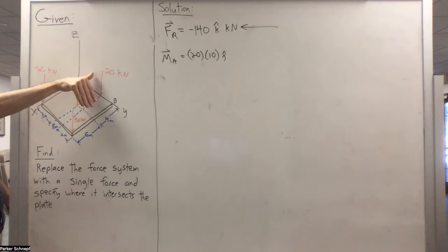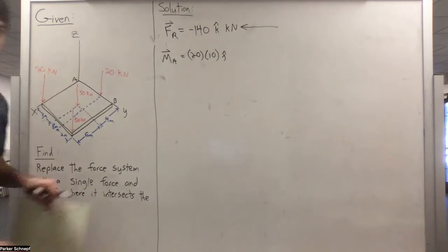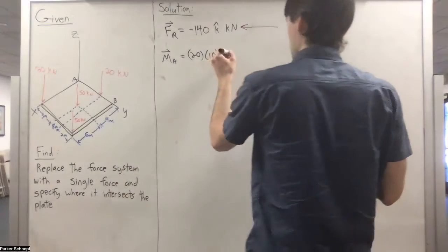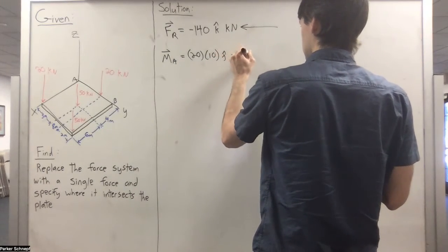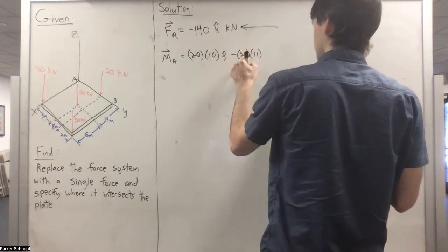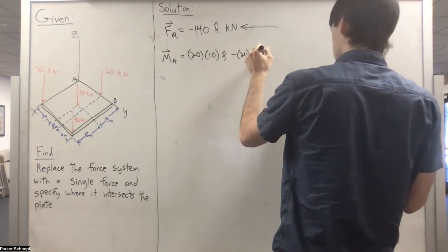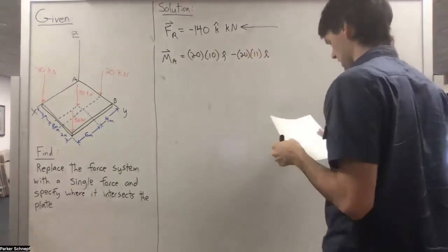My thumb really points in the negative x direction. It's going to cause a twist like that. It's negative x. So I'm going to say minus 20 times 11. So force times distance. And then that is in the x direction.